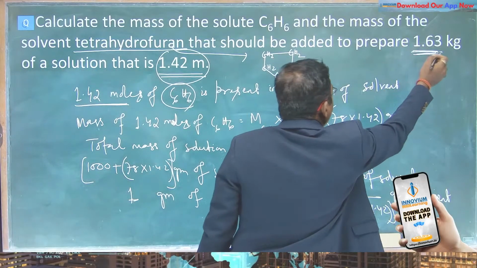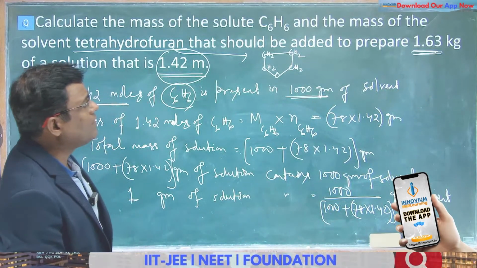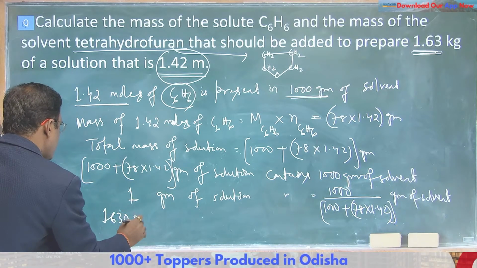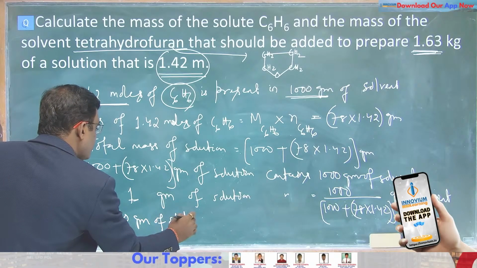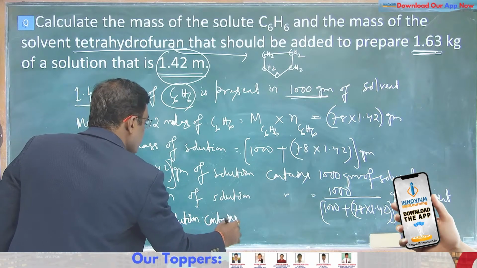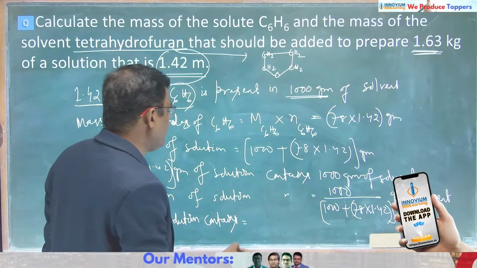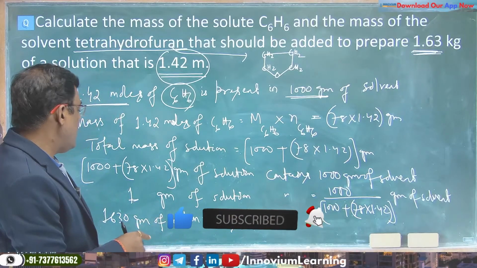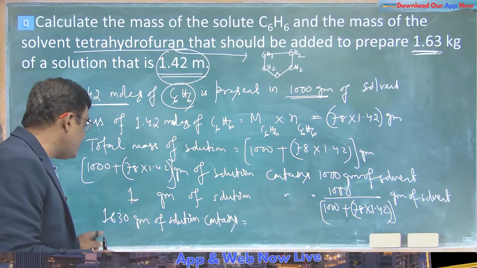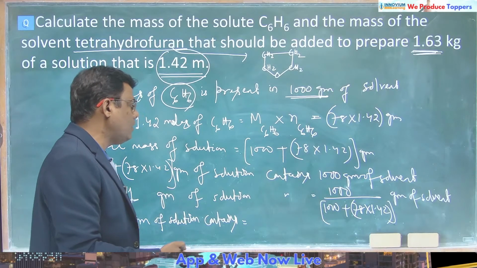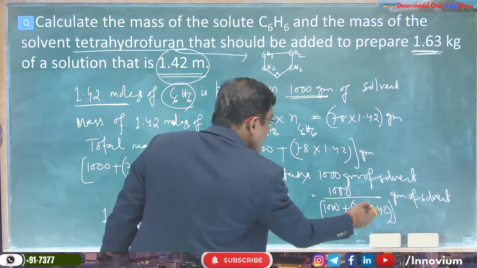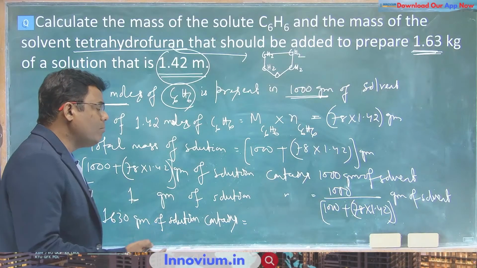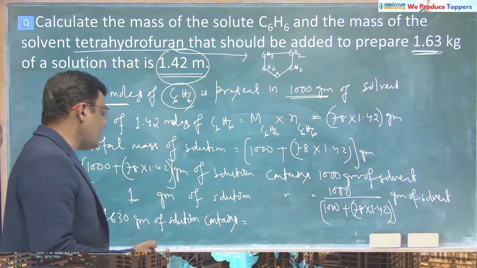Now what mass of solution do we have? We have 1.63 kg, or we can say 1630 gram. 1630 gram of solution contains what mass of solvent? This one is the mass of solvent present in 1 gram of solution. Then in 1630 gram of solution, if we multiply this with 1630 gram of solution, we'll get the mass of solvent in 1630 gram of solution.